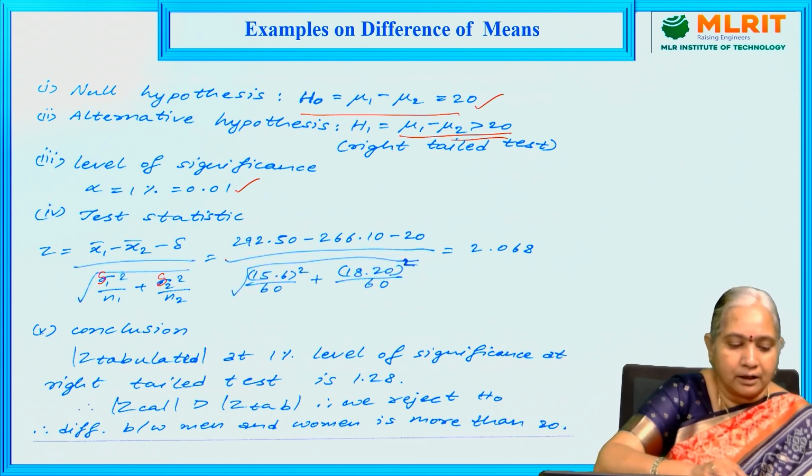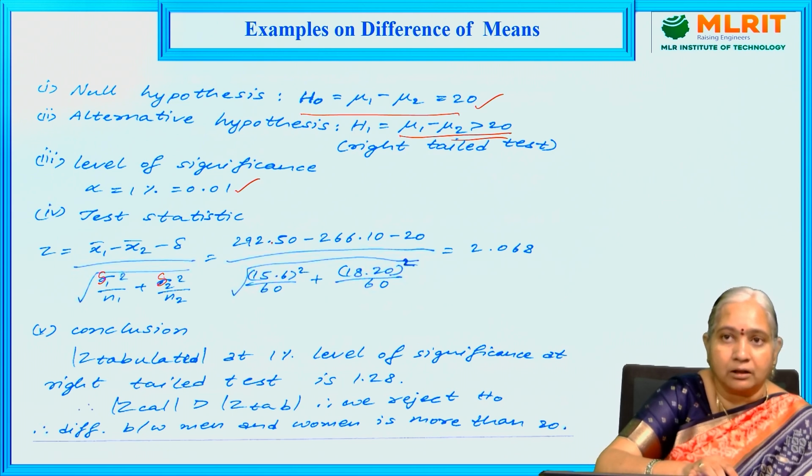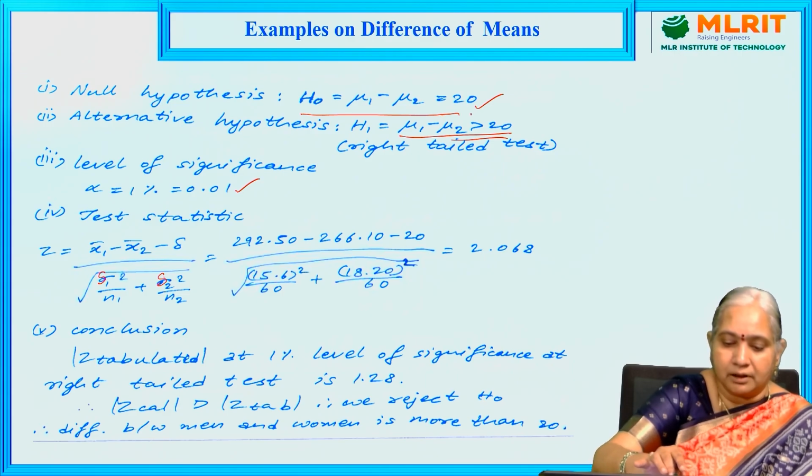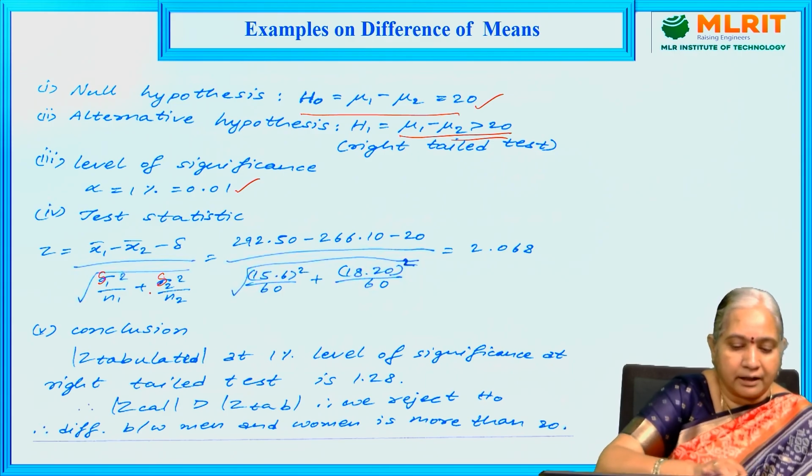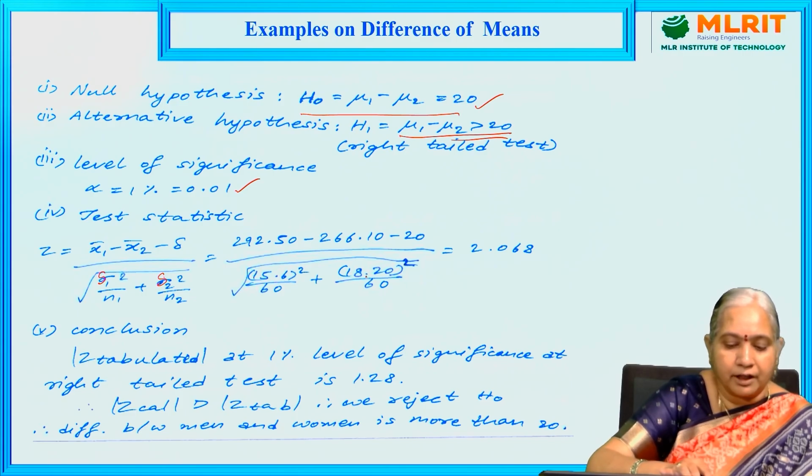And here x1 bar, again substitute all the values: mean of the first sample, men average income, women average income and their difference, that is 20 rupees, and S1 square, variance of the first sample, variance of the second sample, size of the first sample and size of the second sample.